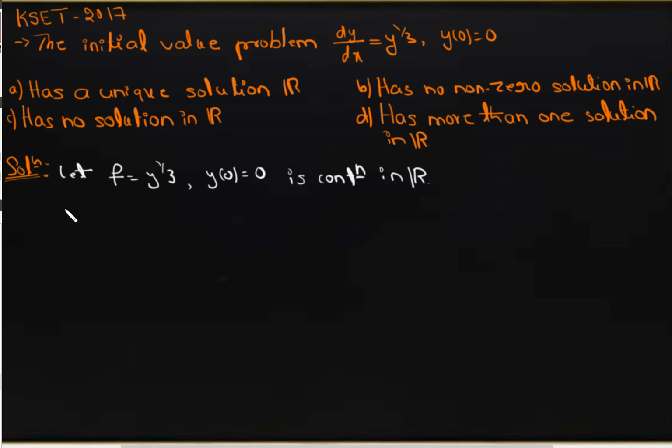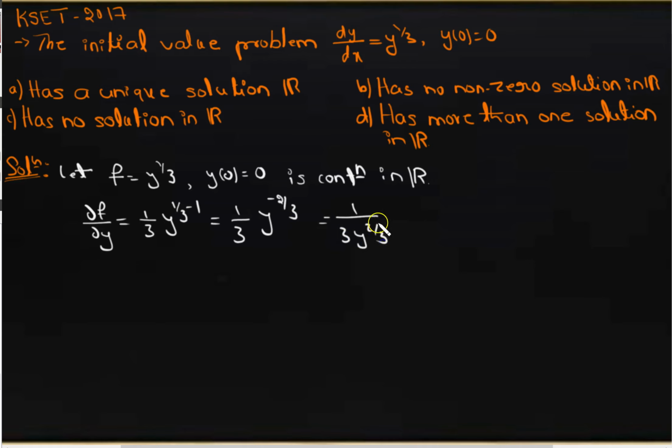For that, I require the partial derivative with respect to y. Now I will consider dou f by dou y. It will become 1 by 3 y to the power 1 by 3 minus 1. It is nothing but 1 by 3 y to the power 1 minus 3 by 3, that is, minus 2 by 3. Okay, it is 1 by 3 y to the power 2 by 3.